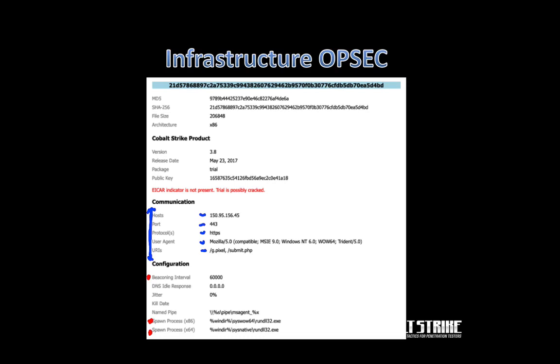Your sleep interval is there. Your DNS idle response is there. The named pipe is not there anymore in Cobalt Strike, I want to say 3.13 and later, but it was there in previous versions. My goal going through this information is to give you an idea of what insights live inside of a beacon payload and its configuration.